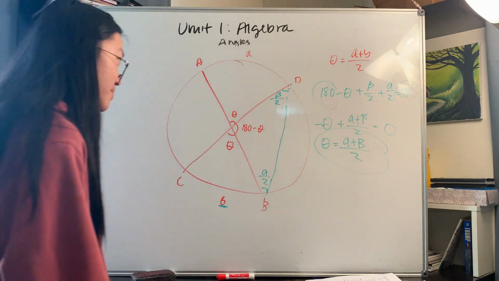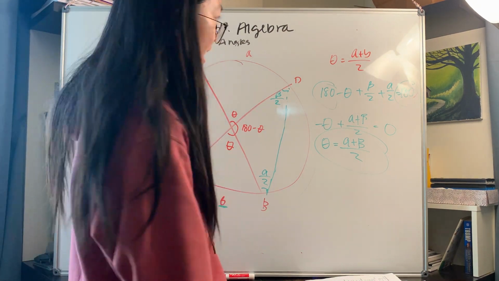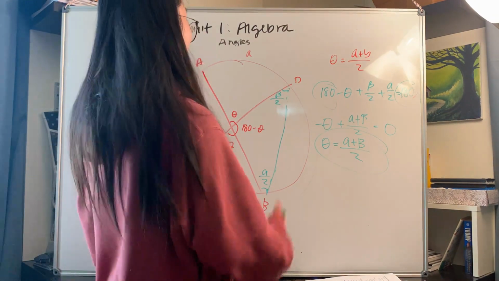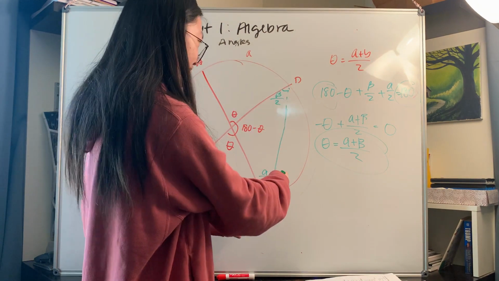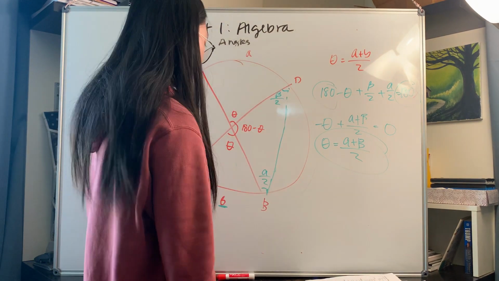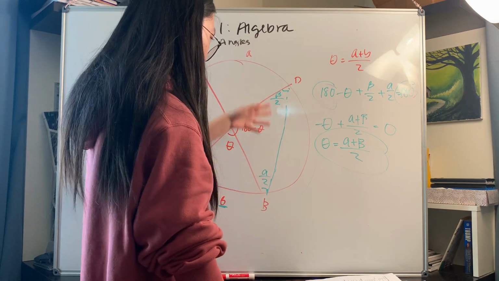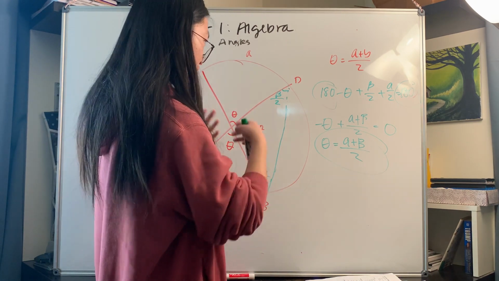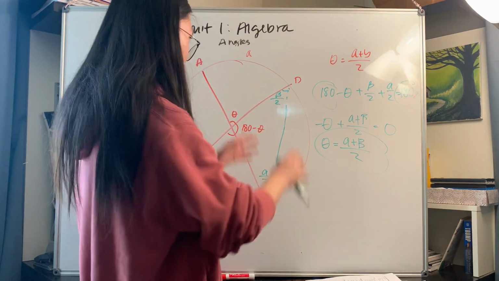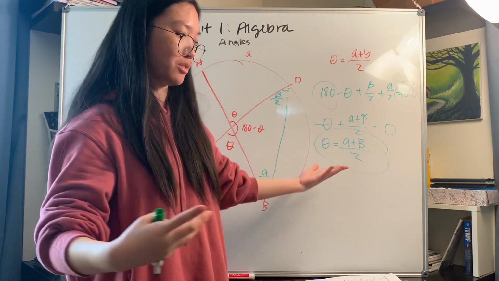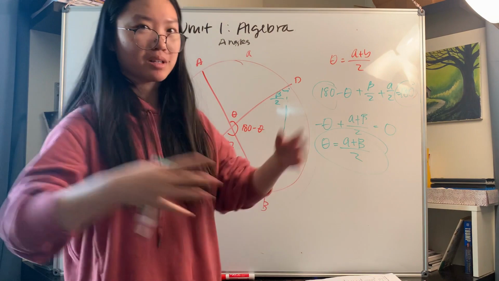And the important thing to know about this problem is that you can't underestimate how clever it is to add this line right here. Because we added this line, we can determine the value of these two angles over here. We've also formed a triangle, and those components were vital to our proof. That's what we did for our other proofs as well.